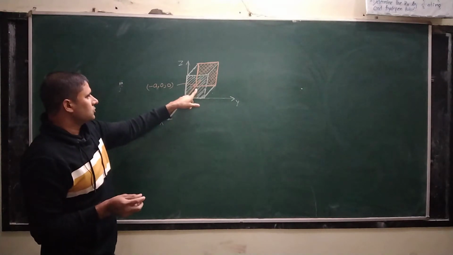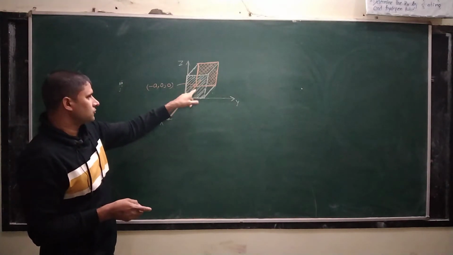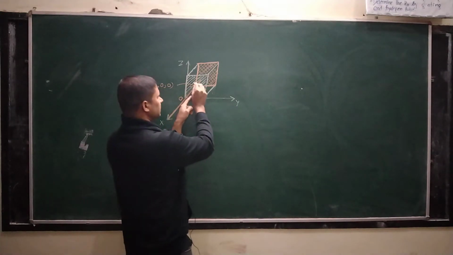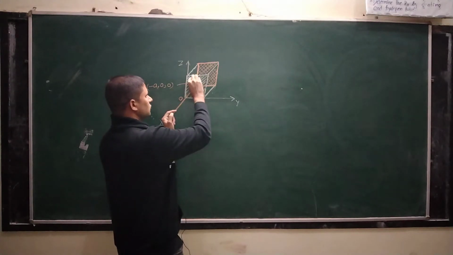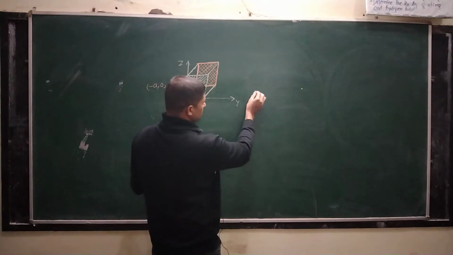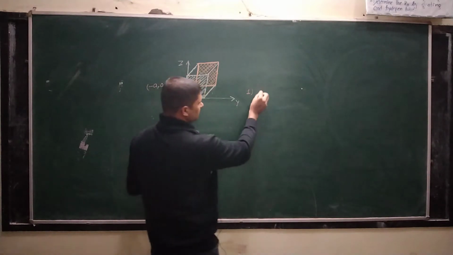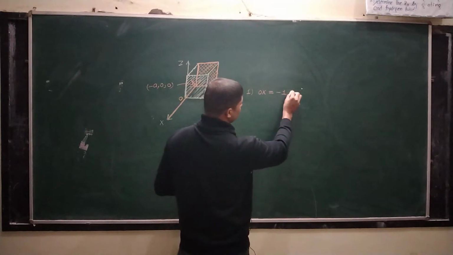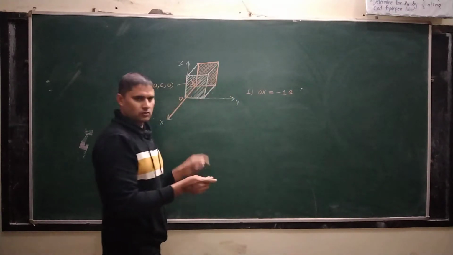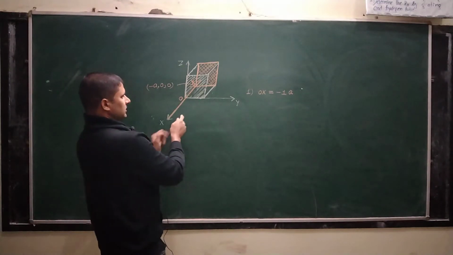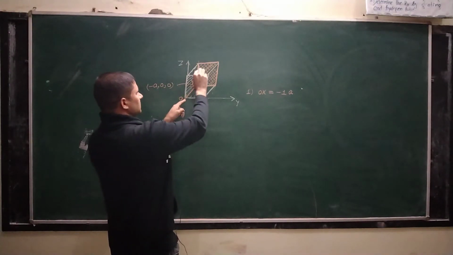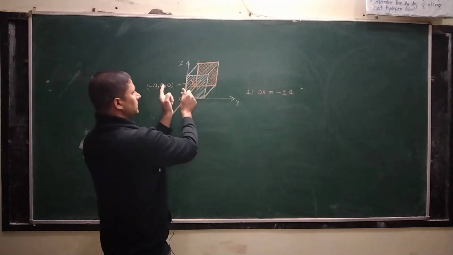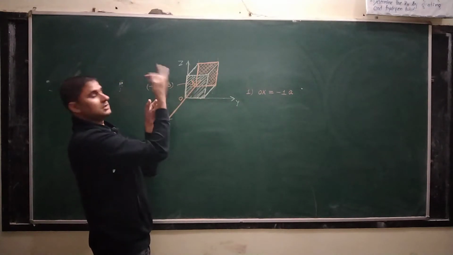Okay, so if you want to find out the Miller indices for this, then what you can write? Firstly, you will find OX. Let this point be X. So the first step is to find the intercept, that is OX, and it is -1 times the primitive vector along that direction. Now see, the two sides are parallel to Z. So the intercept on the Z axis will be at infinity.